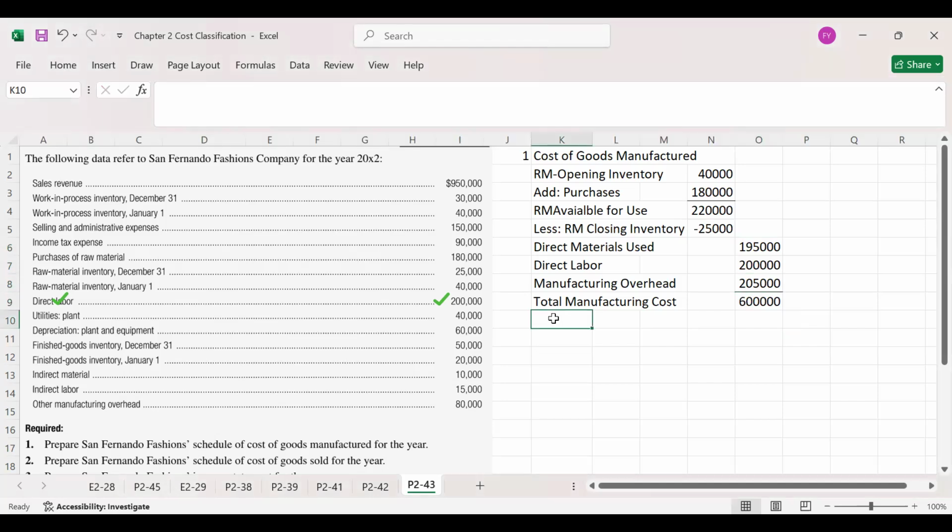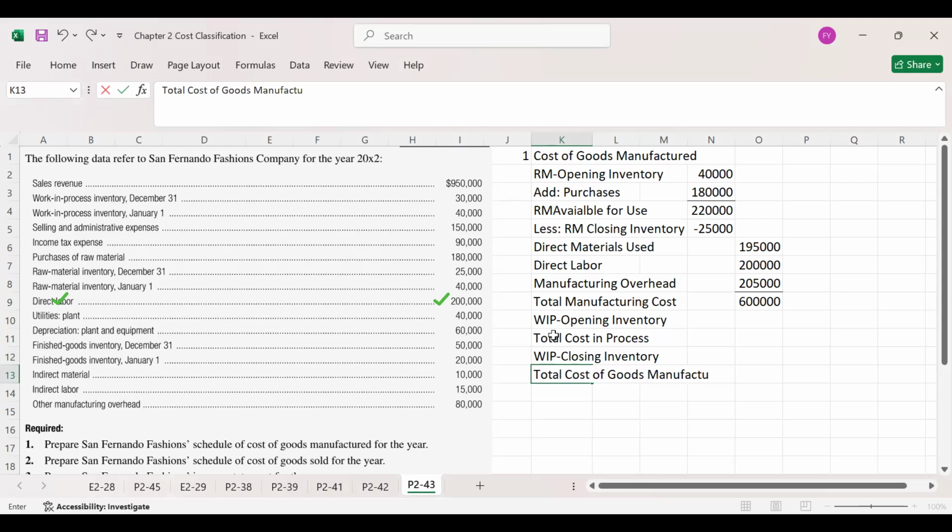Then we add work in process opening inventory in the total manufacturing cost to get total cost in process. Then we deduct work in process closing inventory to get total cost of goods manufactured. So work in process opening inventory and closing inventory is also given.